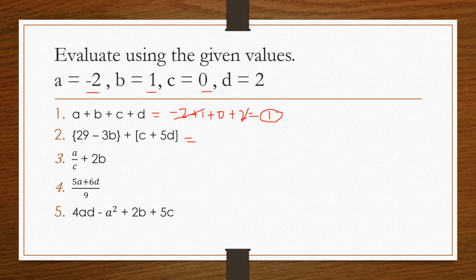Okay, so we have 29, no? So 29 minus 3 times, yung B is positive 1, no? So plus C, which is 0, plus 5 times 2.